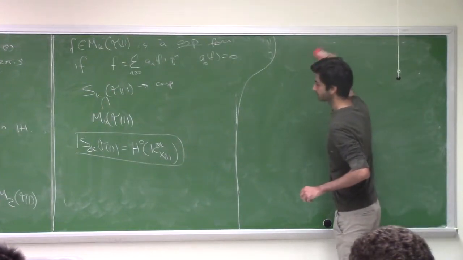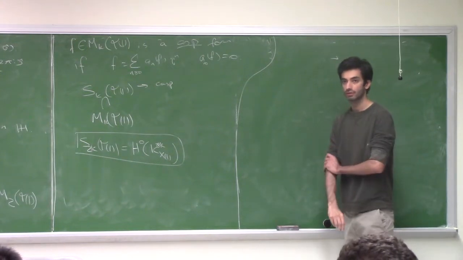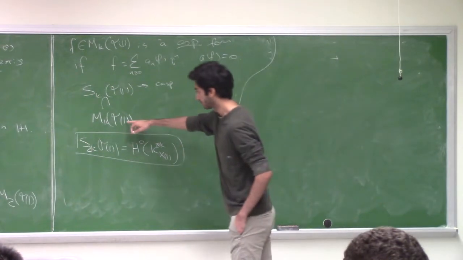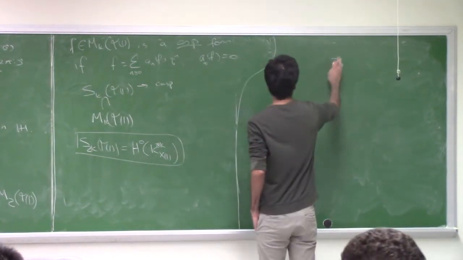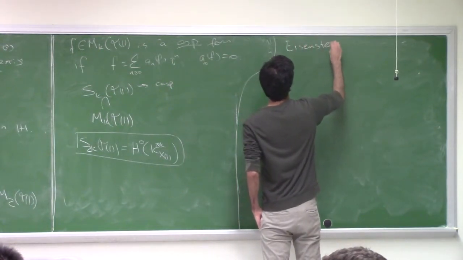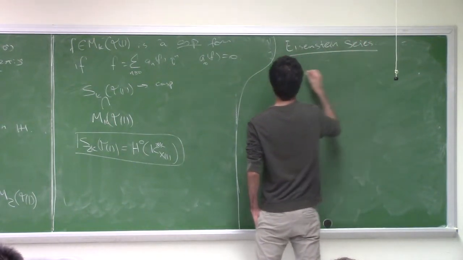So should I give some examples of modular forms? I just gave them very quickly for gamma 1, and these are the things that people might have seen. There are these things called Eisenstein series. They're defined as follows.